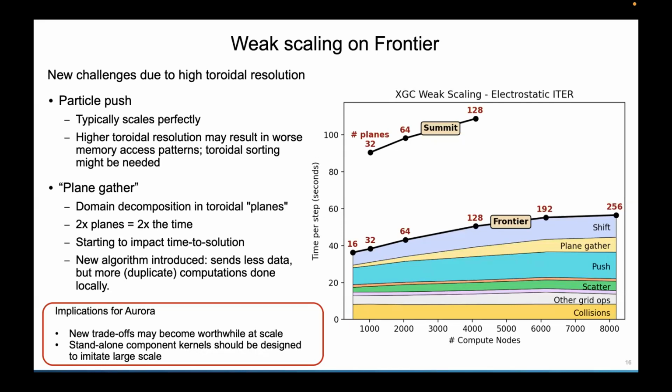The kernels were designed to run smaller simulations because the kernel is on a single MPI rank, and so it's a small simulation, whereas I should have been designing these kernels to act as if they were part of a larger simulation.